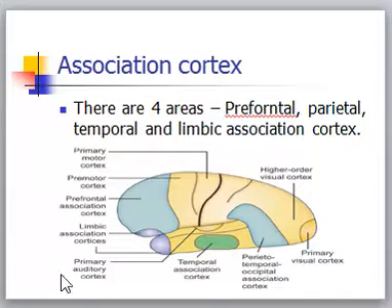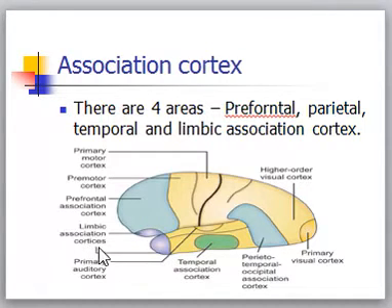Next we are going to see the parieto-temporal occipital association cortex. This extends between the somatosensory and visual cortex, above the posterior portion of the temporal cortex. Next, the temporal association cortex extends from the lower portion of the temporal lobe to the limbic system.